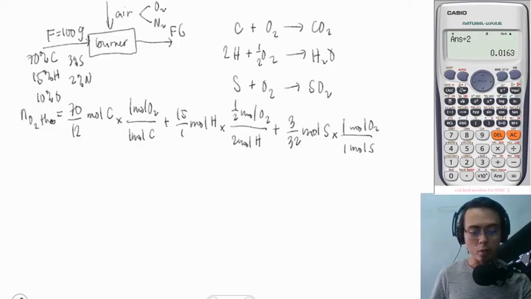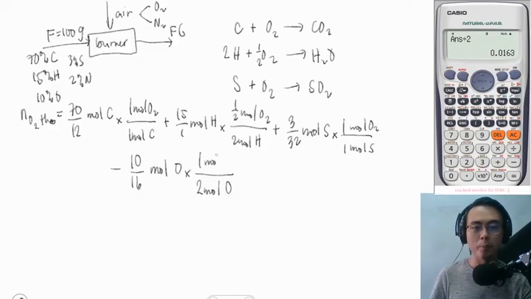Next, we need to subtract the oxygen that's present in the feed. Now, take note that the oxygen in the feed is in the form of elemental oxygen. It's not in the form of gaseous oxygen, which is O2. So you have to factor that into account. Okay, so we have 10 grams of oxygen divided by 16. So we have here moles O, and then to perform the stoichiometry, we need 2 moles of O to form 1 mole of O2.